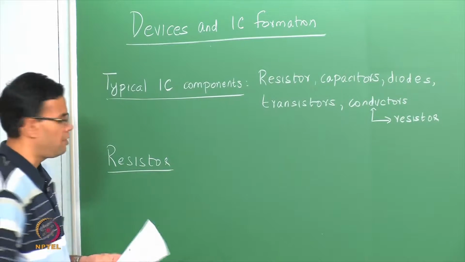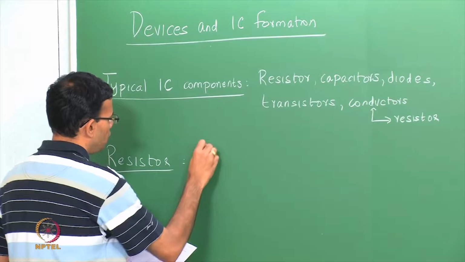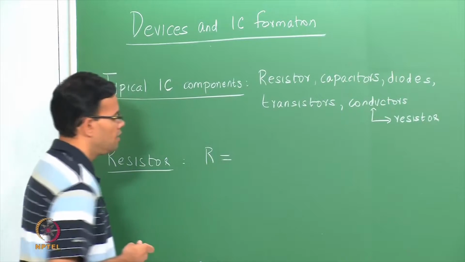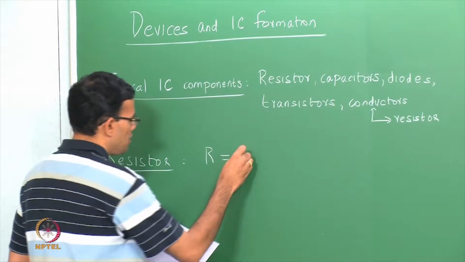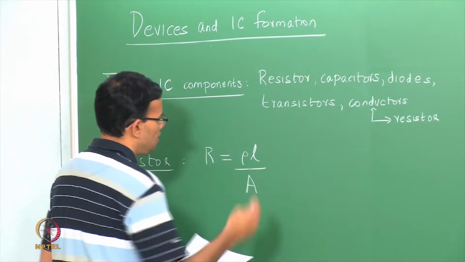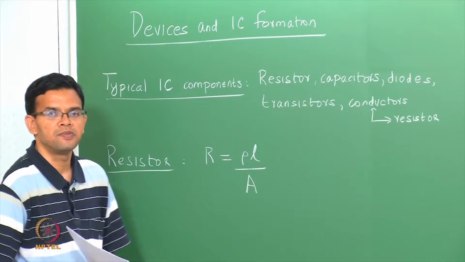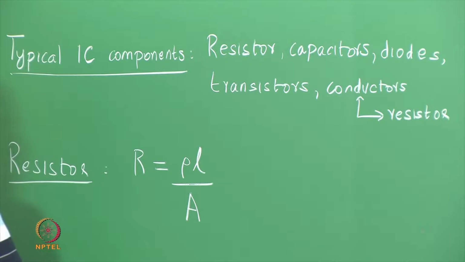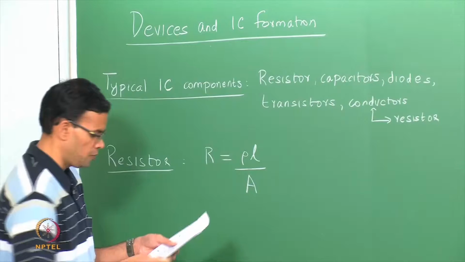So, when we think of a resistor, the first thing of course is resistance, and resistance is related to the resistivity rho times the length by a cross sectional area. So, this is something that we looked at the very first lecture of this course.